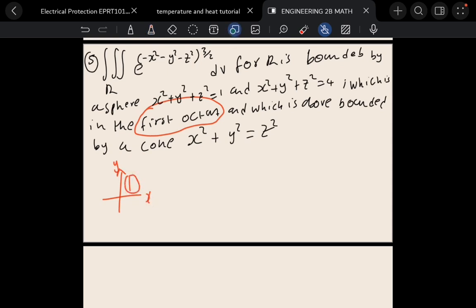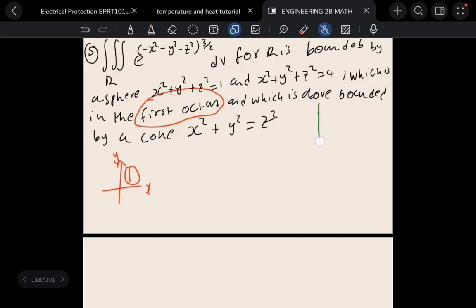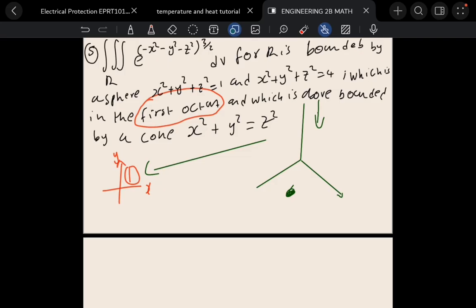Now if you draw the z-axis, this is your first octant. That one is your first octant. If you look at the top, you see something like that.